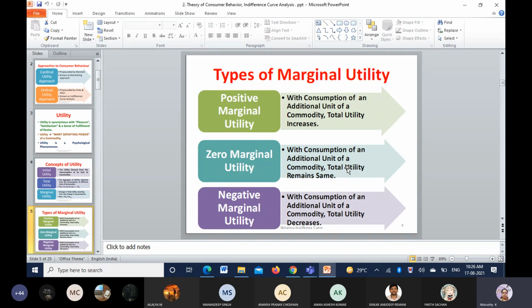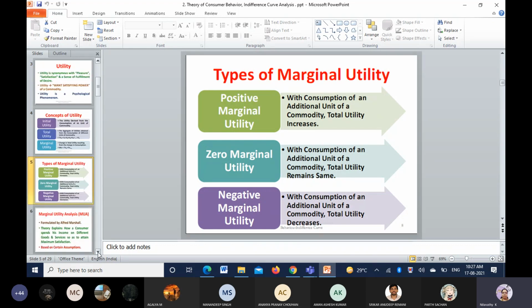But if you force someone to have the commodity, or if you go on producing a commodity, then you will be in a loss. So normally the marginal utility will be positive, 0 and negative. Only these three things will be there, and marginal utility cannot have any other values.